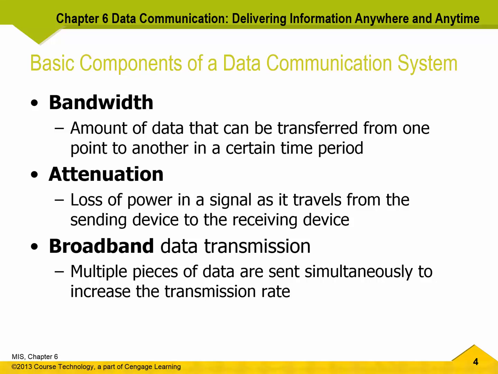The other measure is called bit rate, and the bit rate is the number of bits per second that you can send. Now you say, well, wouldn't these be the same?